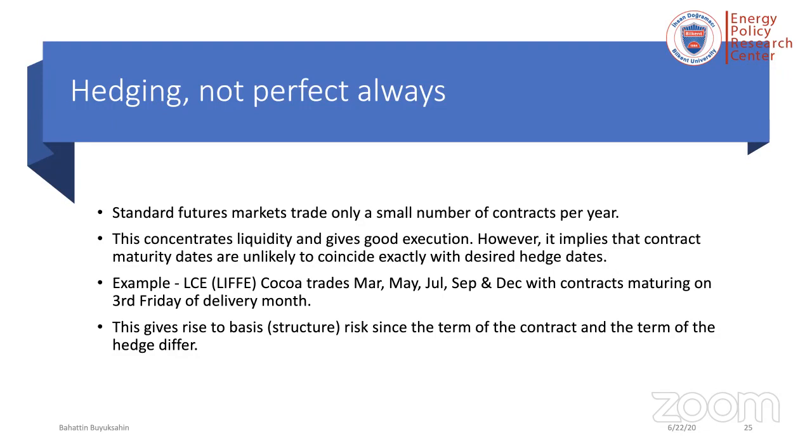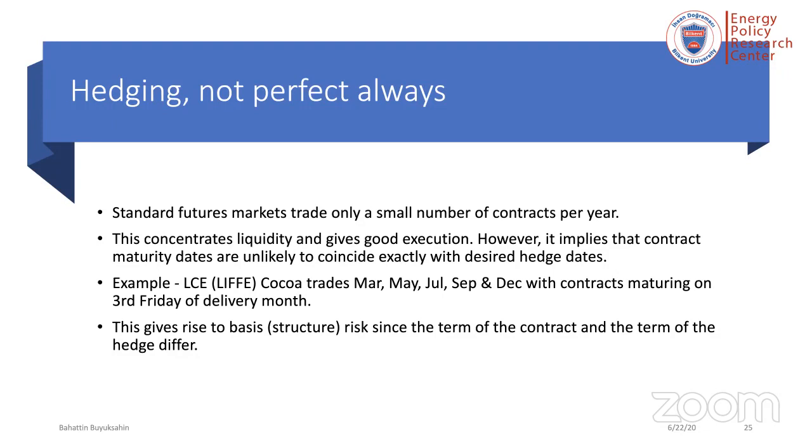If the basis is positive, I mean the spot price is greater than the future price, the situation is known as backwardation. If on the other hand the basis is negative, the spot price is less than the future price, the situation is known as contango.